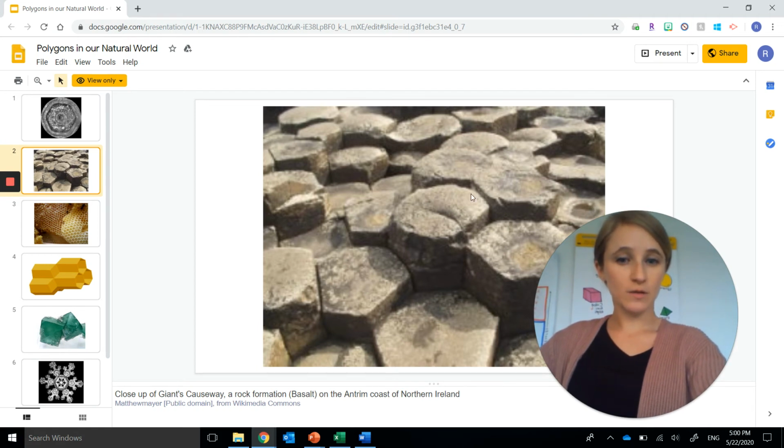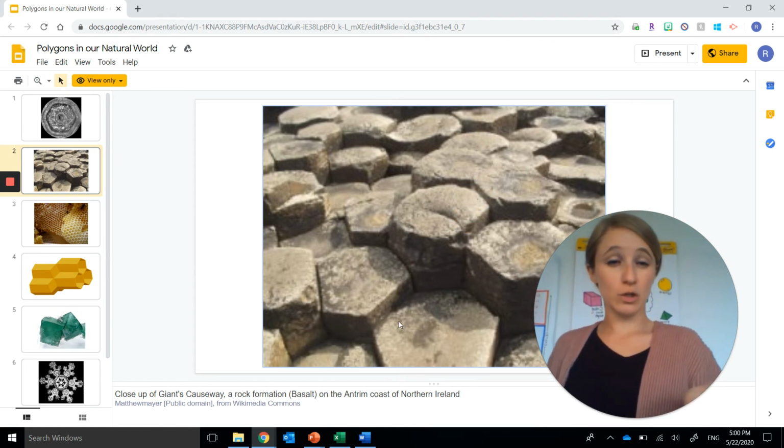What shape do you think you're seeing here? I'm counting 1, 2, 3, 4, 5. 1, 2, 3, 4, 5, 6. Some of these might have 5 and some might have 6 sides. So what shape would that be?